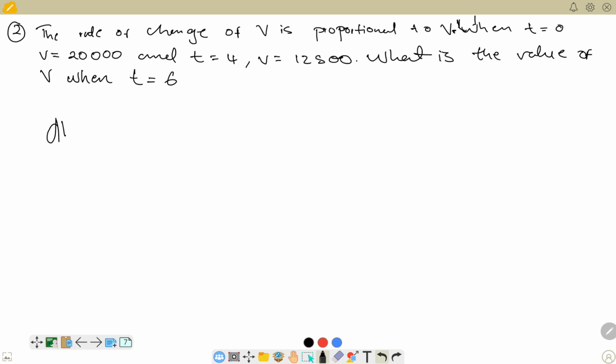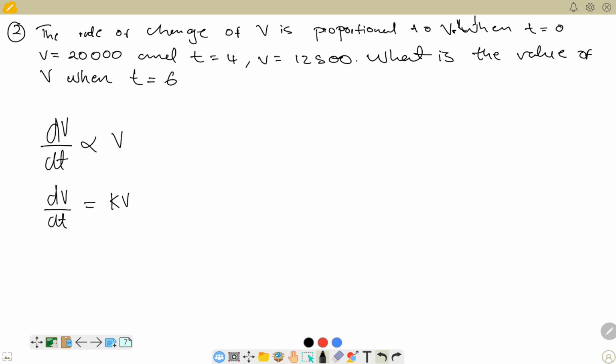So dv over dt is proportional to v. That is the word statement there.